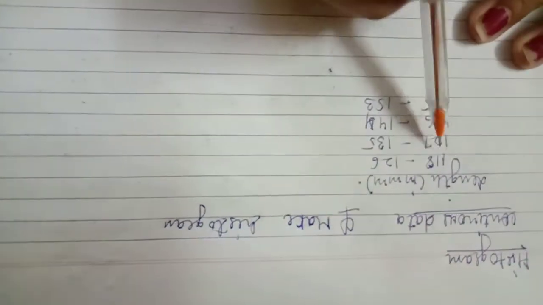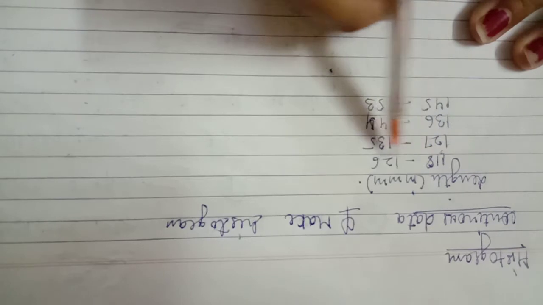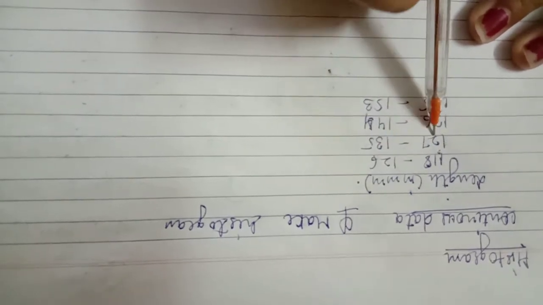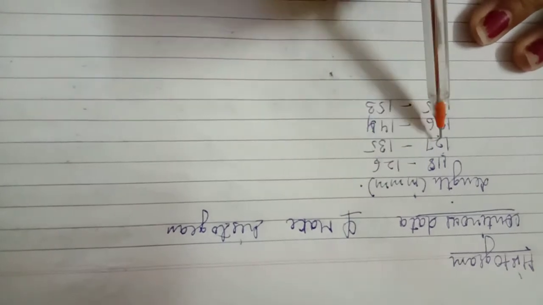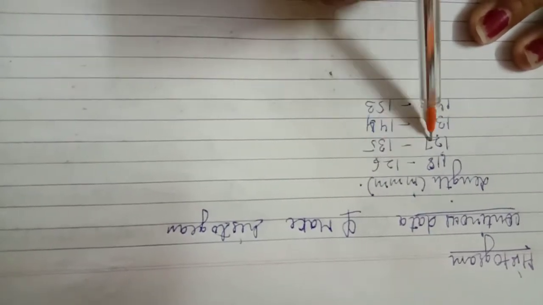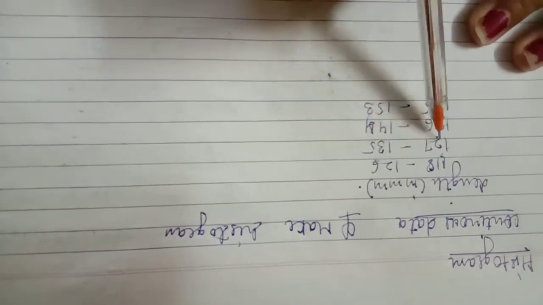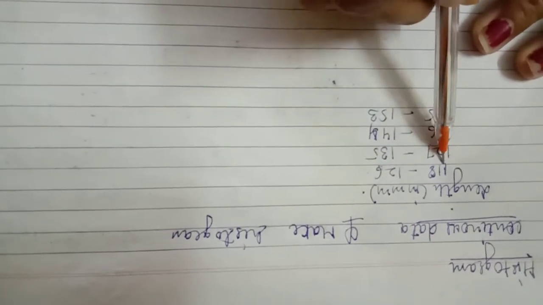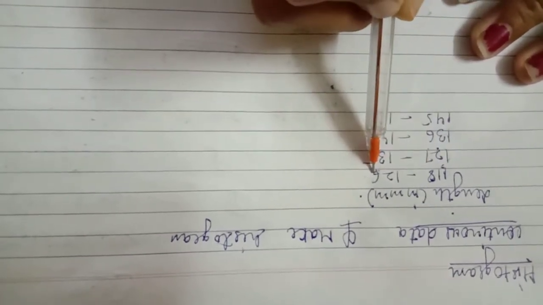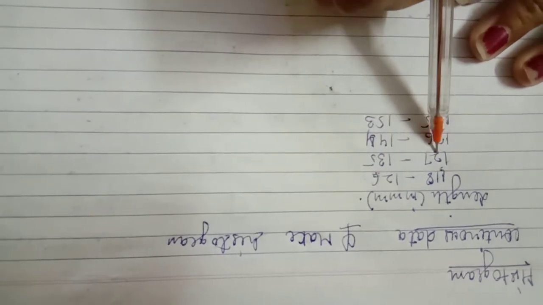It means see, 118 to 126, but the next number starts from 127, and what we want is that these numbers are the same. Okay, the difference should be the same. This interval started at 118 and ended at 126. This interval starts from 127.